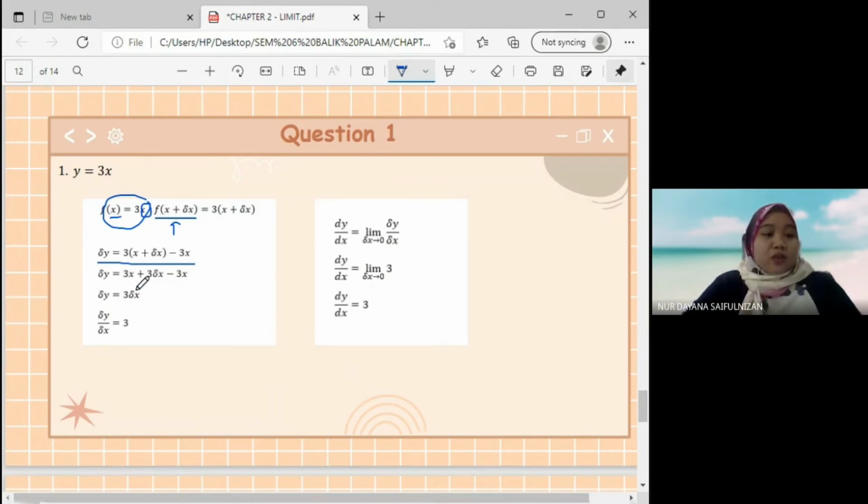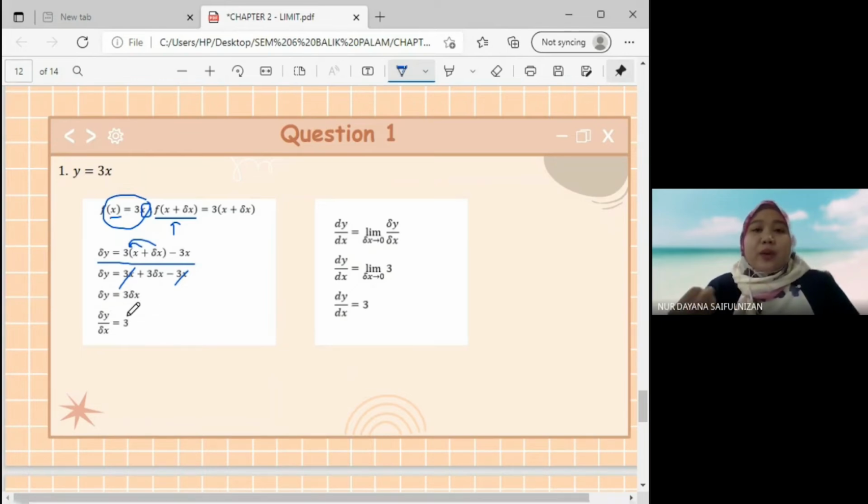Okay, so we expand it. Expand 3 with x and delta x. Then we will get delta y equal to 3x plus 3 delta x minus 3x. And we can cancel off 3x and negative 3x, and we get delta y equal to 3 delta x.